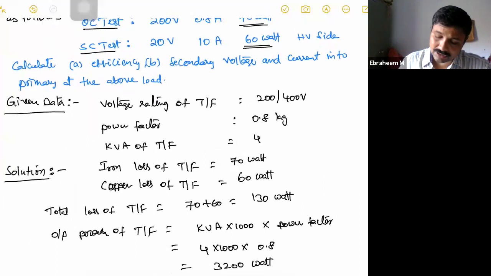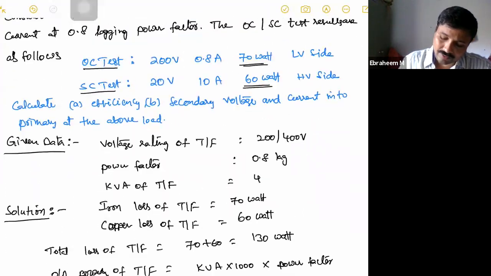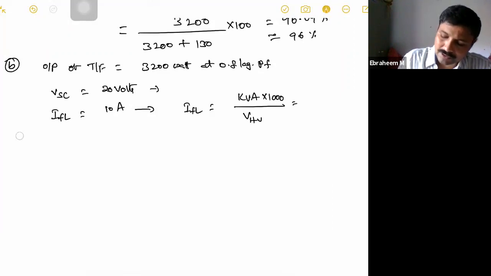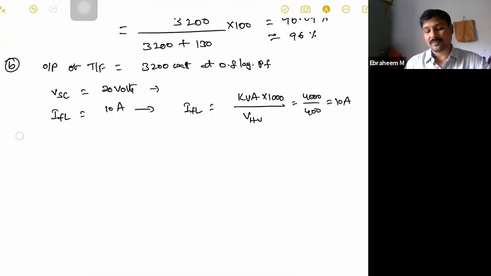The high voltage is 400. So this IFL can also be obtained from kVA into 1000 divided by VHV, that is 4000 by 400, that is 10 amperes. Okay, this is full load current.